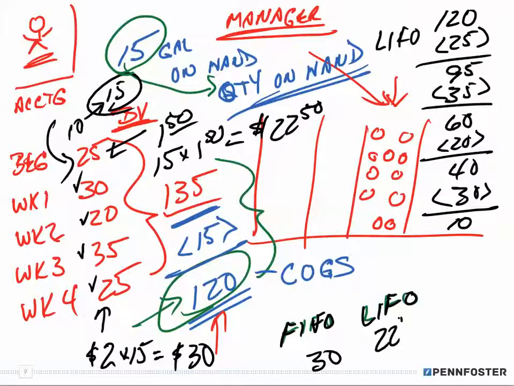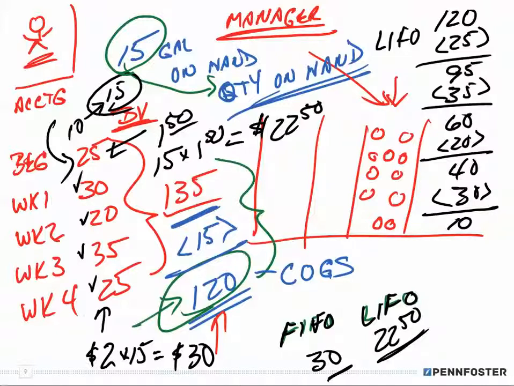That makes sense because when we take the first ones out, the last ones in are more expensive, so we expect our inventory valuation to be higher. When we're taking our last ones out first, the more expensive ones, the cheaper ones are still left in, so our inventory valuation should be lower.